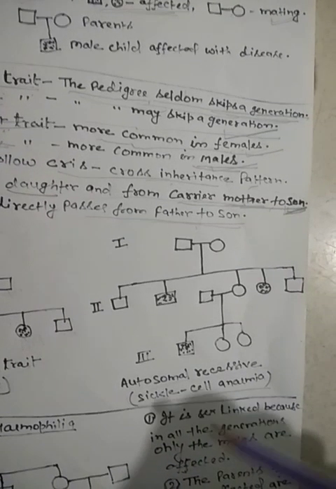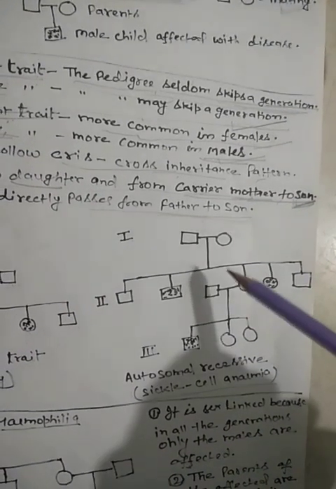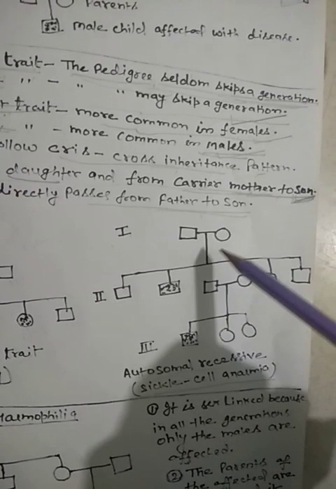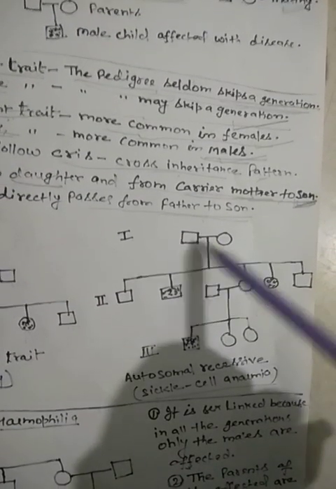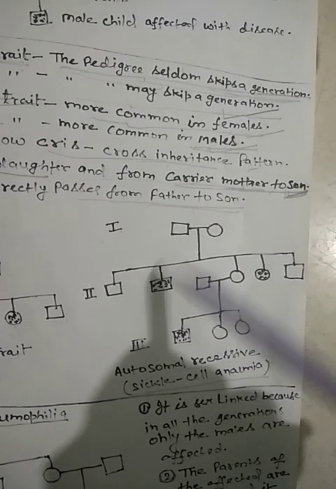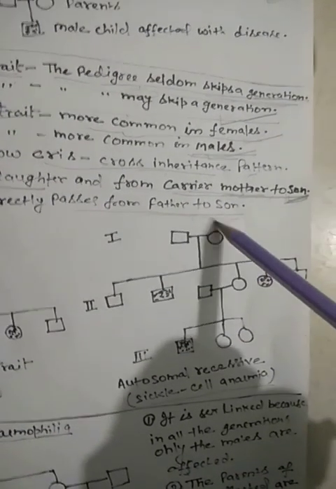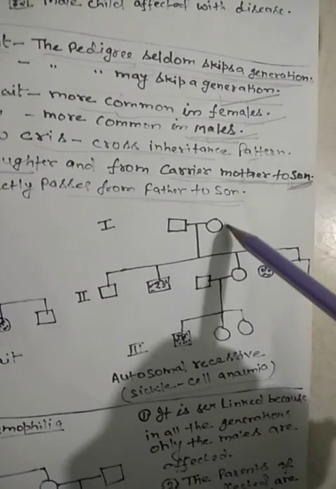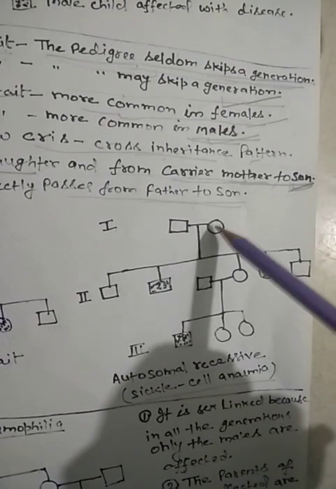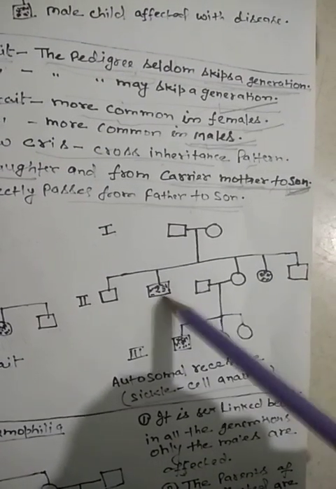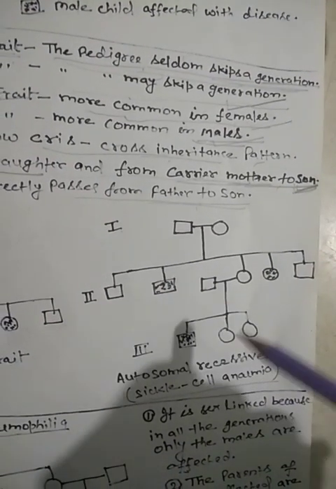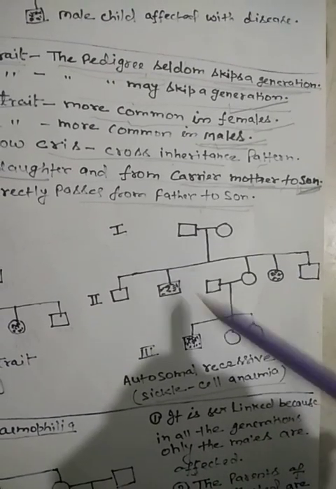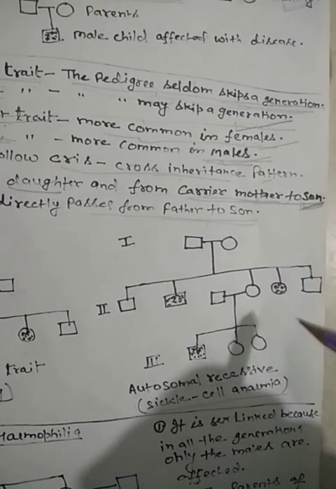But if there is a gap in any generation, suppose in the parental generation there is no disease but in the next generation it is present, it means that the trait must be recessive.